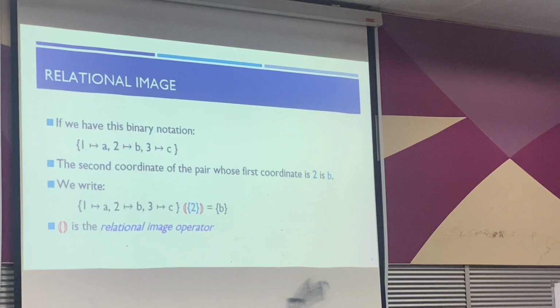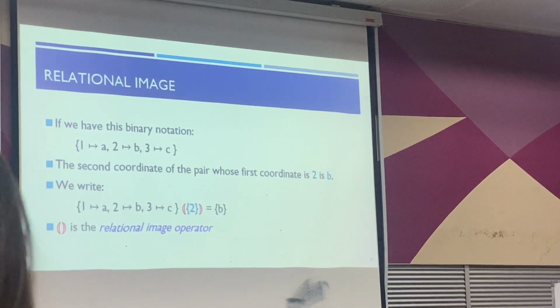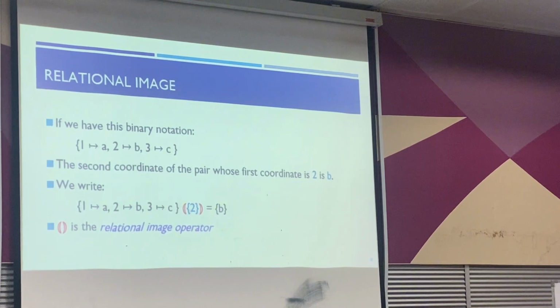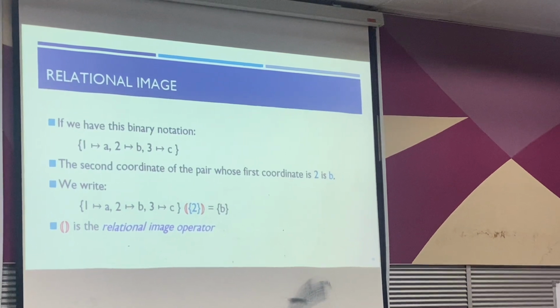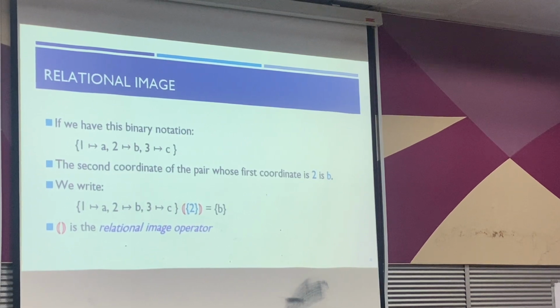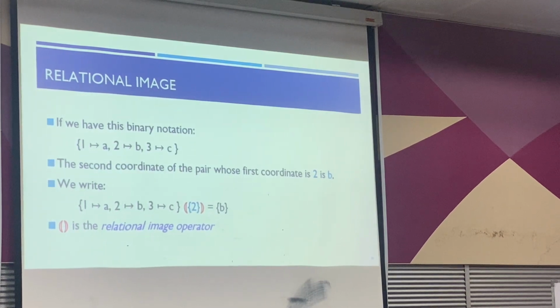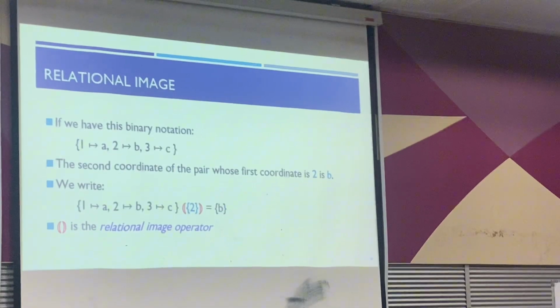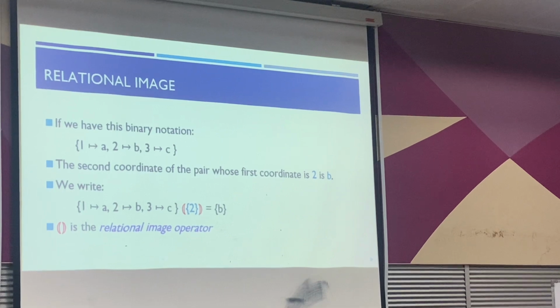Compared to the domain restriction just now, where you have both domain and range, when you go for relational image, you search the domain and your result is range data only. The way to write is similar to range restriction, on the right side. Domain restriction is on the left side, relational image on the right side, but the concept is similar.